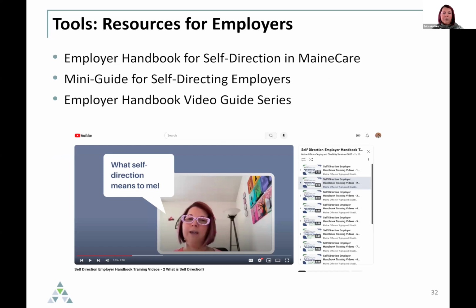As I talked about, there are those challenges for employers to do self-direction, but there are so many tools to help employers. To help you be a better employer, there's the Employer Handbook for Self-Direction in Maine. There's the mini handbooks for self-directing employers. If you don't want to read the big long one, you can read the shortened version.